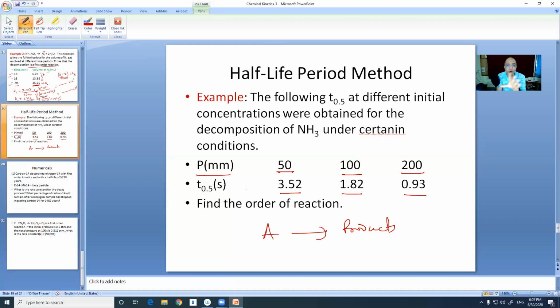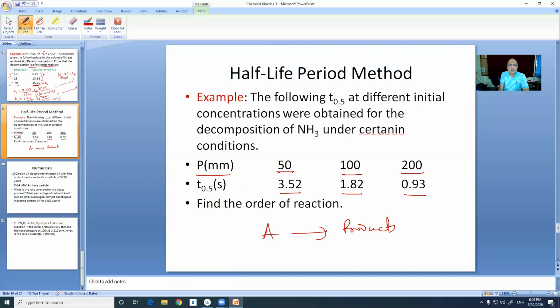We will know about that. Maximum order with respect to one reactant will be 3, not beyond 3. Of course, nowadays fourth order reaction has been found out, but not with respect to a single reactant. So from our common sense, we know it is never ever zero order or first order. It has to be second or third.